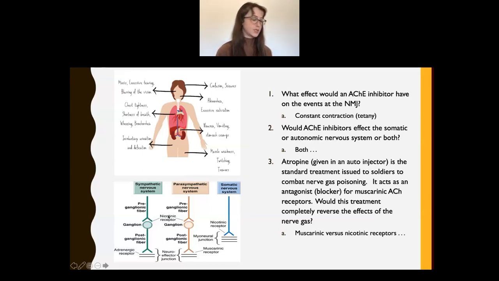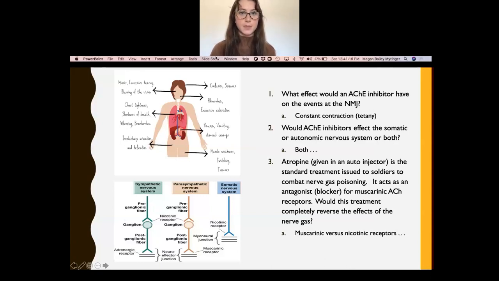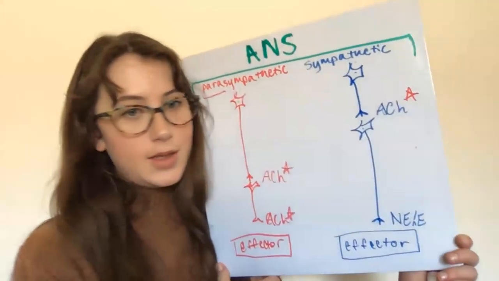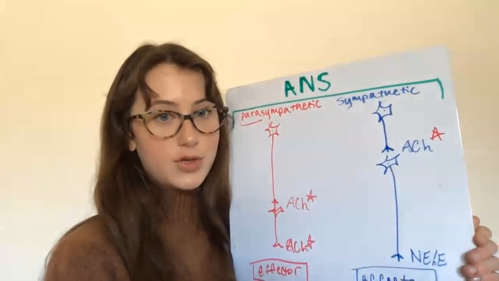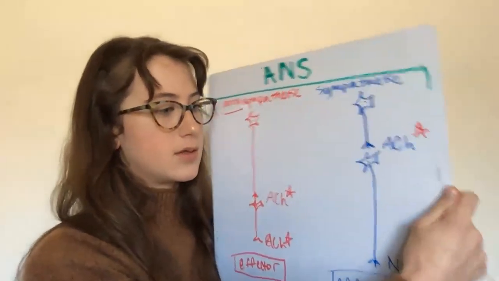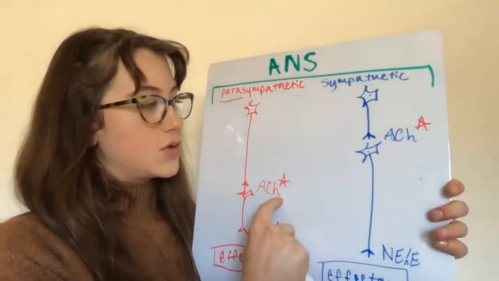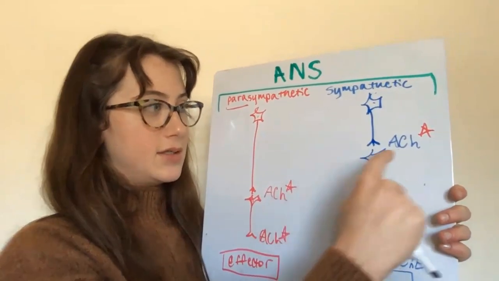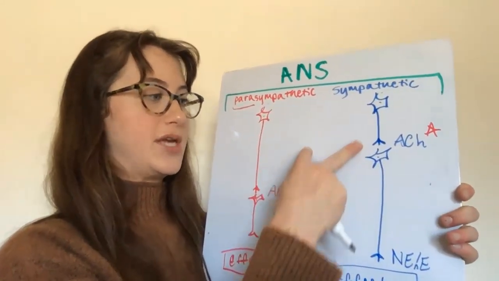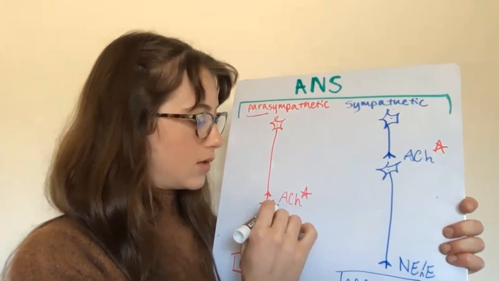So if you look at this little schematic on the bottom, actually, I'm going to draw it out. Here is our autonomic nervous system, parasympathetic and sympathetic. So acetylcholine being released in the parasympathetic as well as in the sympathetic from the preganglionic fiber.